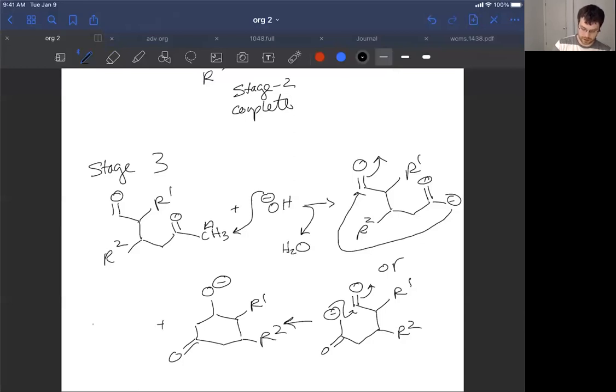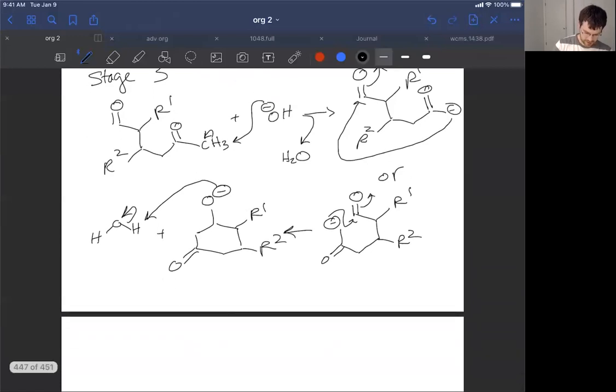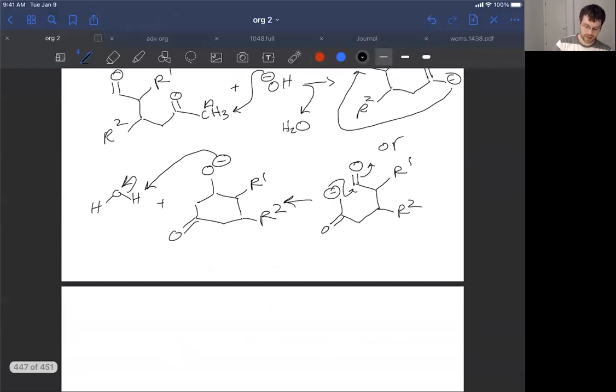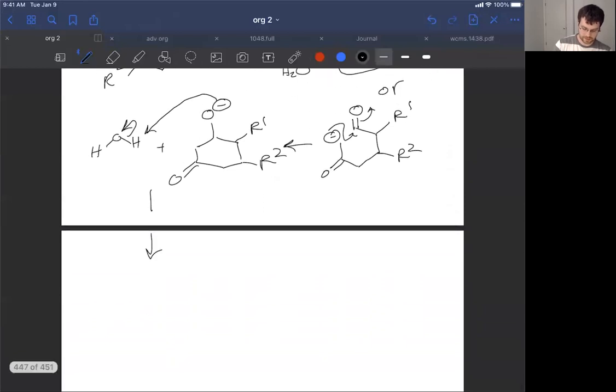Now that water is going to come back into play here, or some sort of other alcohol solvent that's around serving as a base. Okay, so we're going to pick off that hydrogen here to make an alcohol. That's going to give rise to this species plus the OH minus.